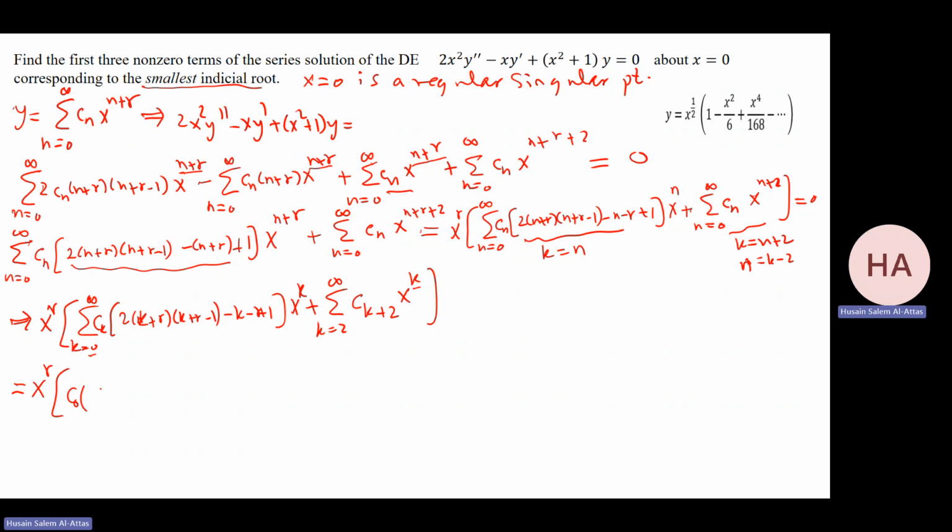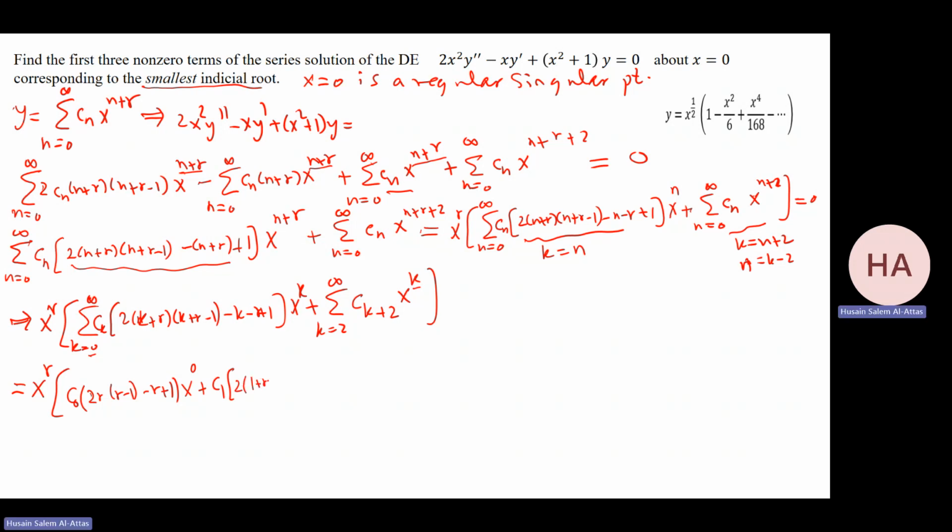At k equals 0, I have 2r times (r minus 1) minus r plus 1, times x to the power 0, plus C1 now, k equal 1.